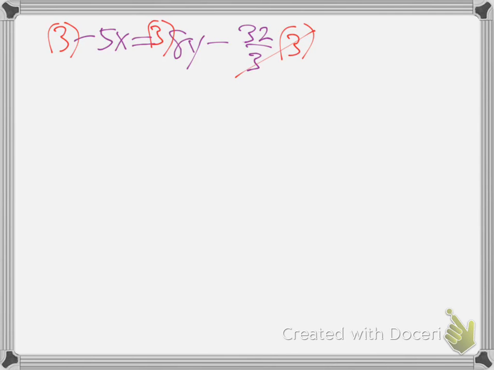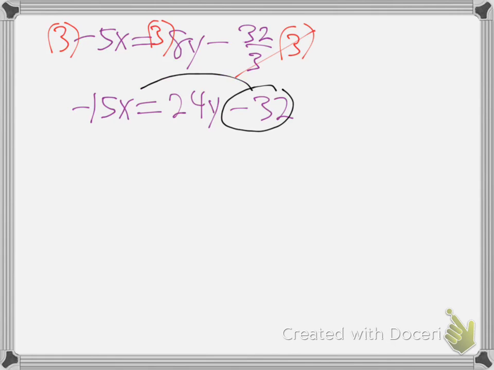So we get minus 15x equals 24y minus 32. Is that good? Got rid of all the fractions. That's the extra step there. And now we're trying to get y alone. What do we do to get y alone? Let's just keep going with the jump-it thing. Can I just jump it to the other side?